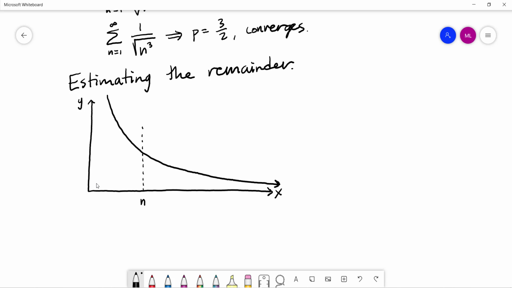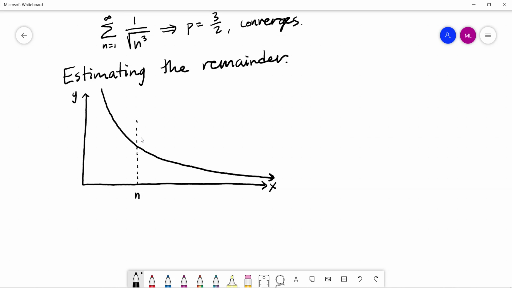So who knows how many terms it took to get here. Maybe this is 1, 2, 3, 4, 5, 6, 7, 8, 9, 10, 11, or something like that. Who knows? It doesn't really matter, but the point is I just want to be able to figure out the remaining area after that point. So by the time I get to n plus 1 and n plus 2 and so on. So let's say here's where n plus 1 is.